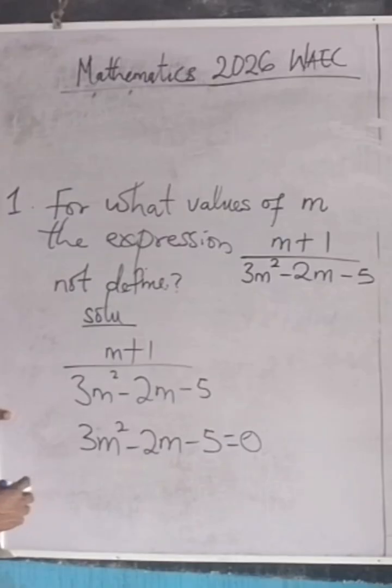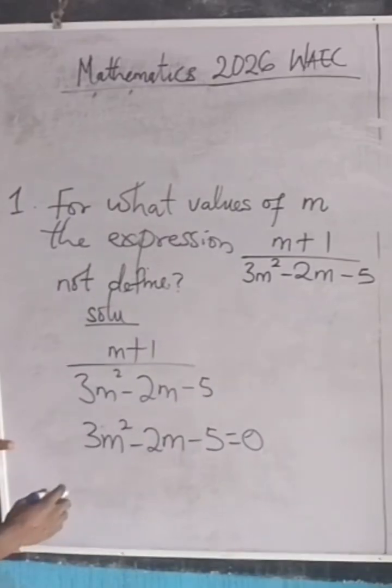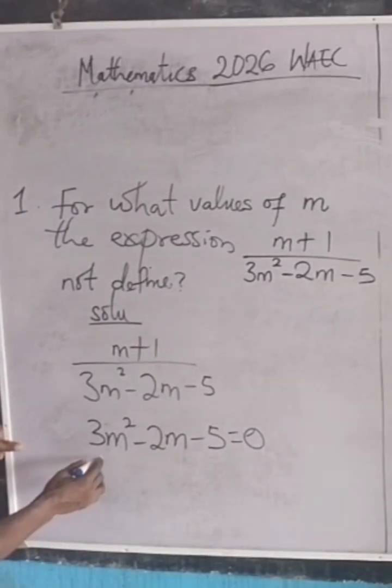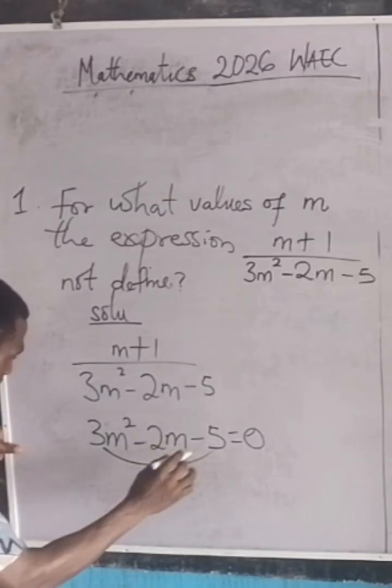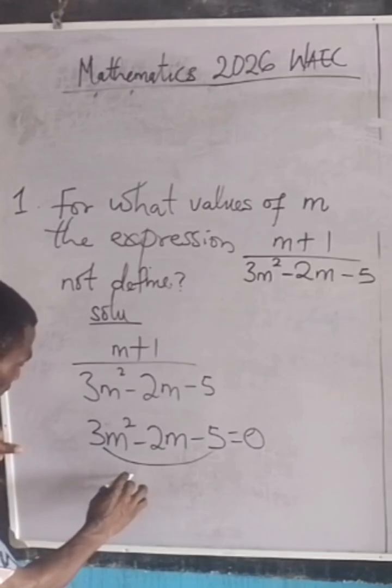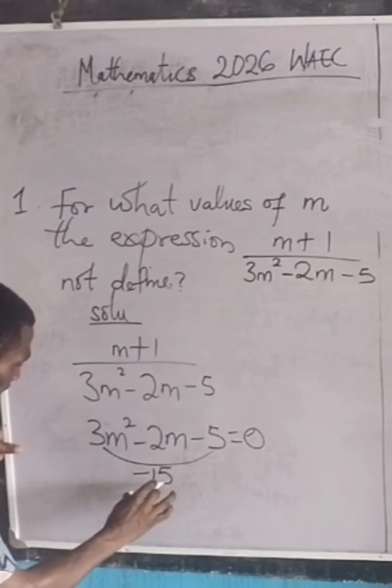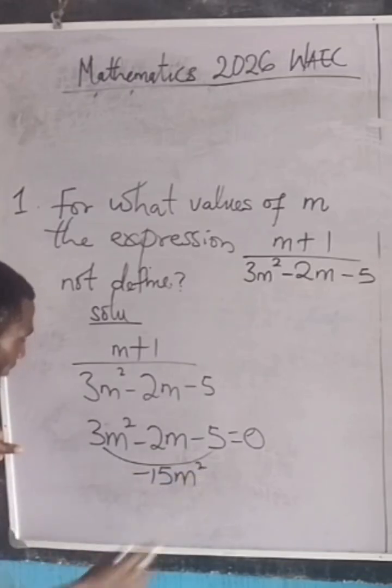So I'll be using the factorization method, and in the factorization method you will multiply these two. That's 3 times minus 5, 3m² times minus 5. That will give you minus 15m².